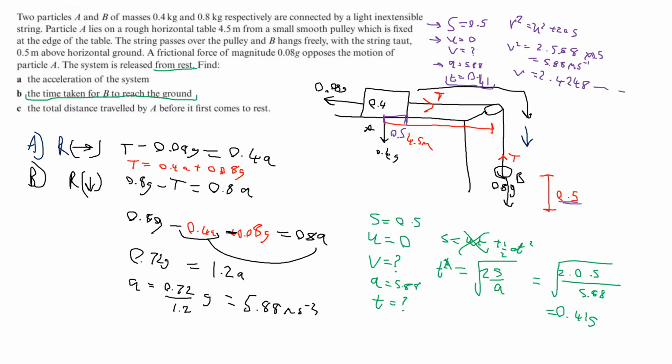So now, to find this total distance, we need a new set of SUVAT values, where we're trying to work out the distance. We know that the initial velocity is going to be 2.4248. V is going to be equal to 0. We don't know what A is, and we don't know what T is, okay?